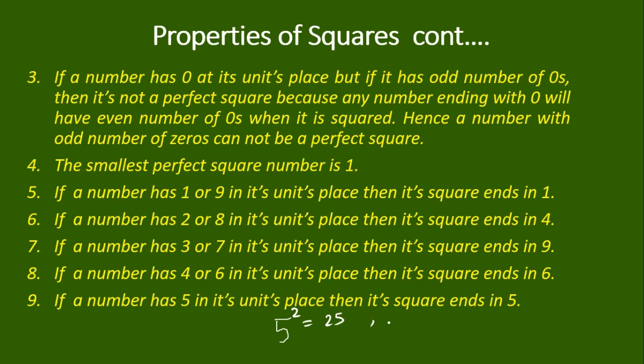Similarly, 25 square will be equal to 625, and so on. If you find the square of a number which ends with 5, then obviously the square number will also end in 5. So these are some of the properties of square numbers.